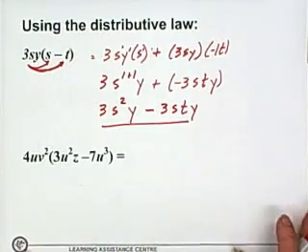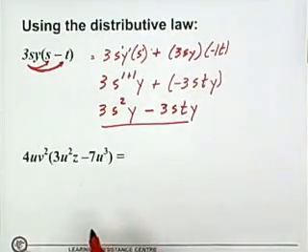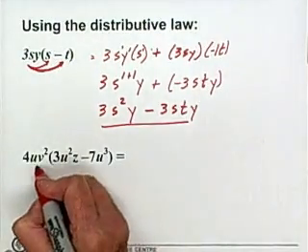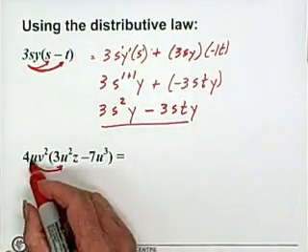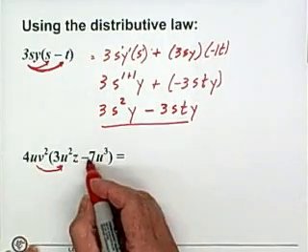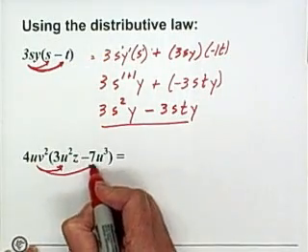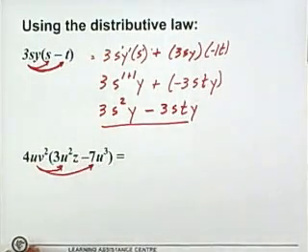Now, working through this question again using the distributive law, we have 4uv squared times 3u squared z, and then 4uv squared times minus 7u cubed.